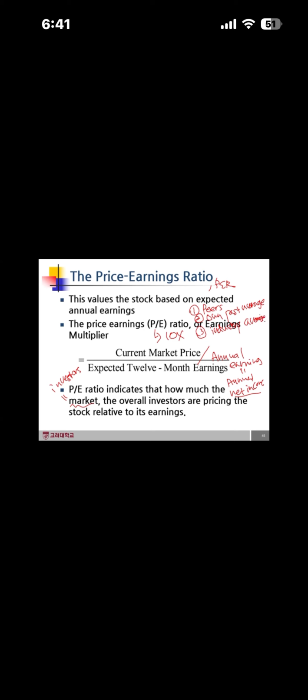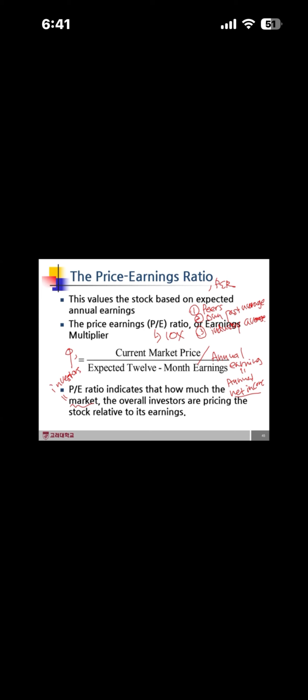Suppose this earnings ratio is higher than its peers, its own past average, or its industry average. It may indicate that the current stock price is overvalued, expensive, if all other things are equal.